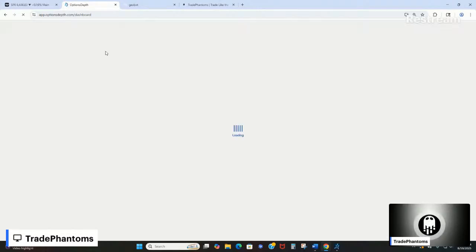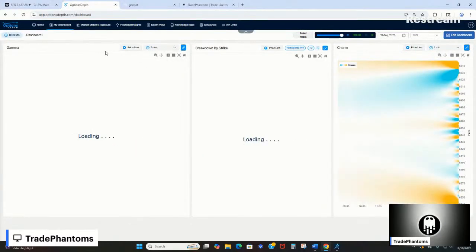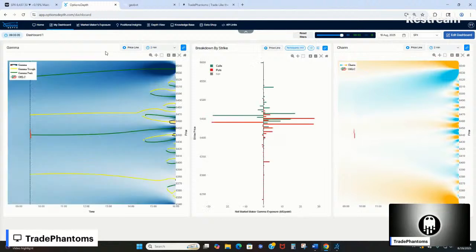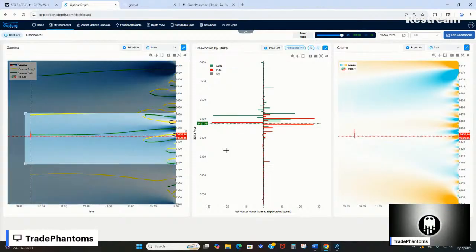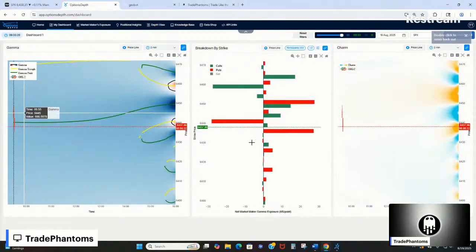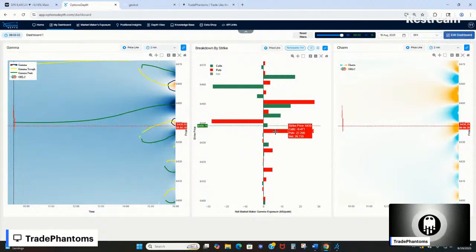All right, good. Nice little open here in terms of volatility. Actually, let's see how this changed, if any. A bit of a positive, into a bit of a positive gamma node here.